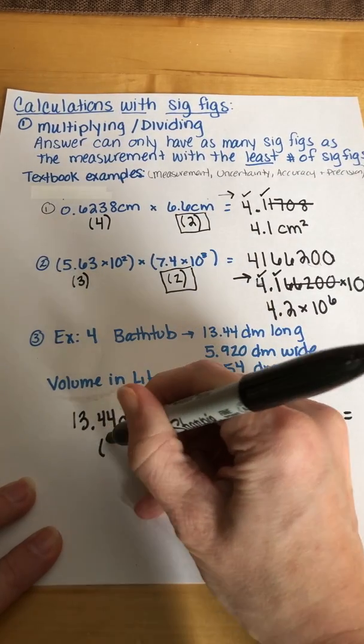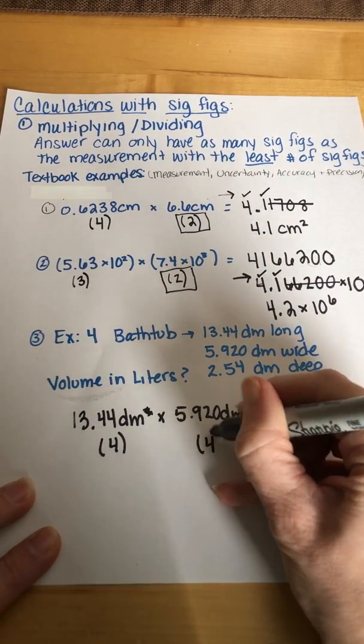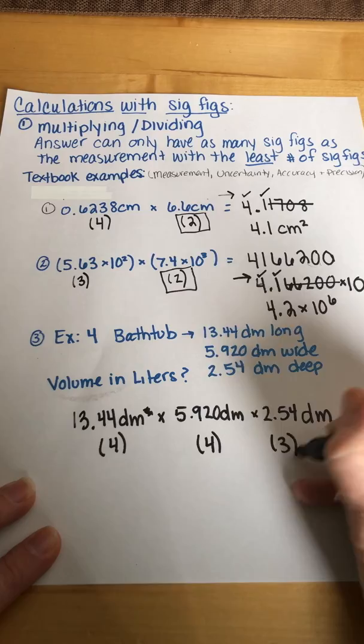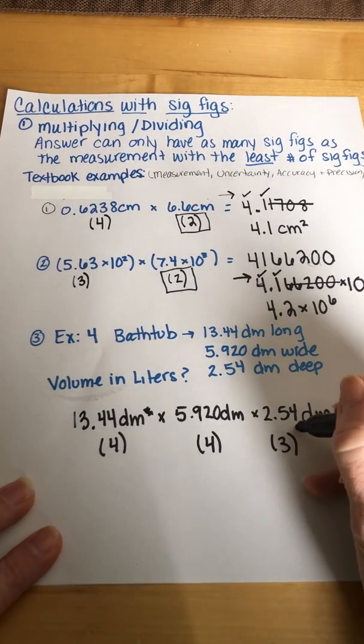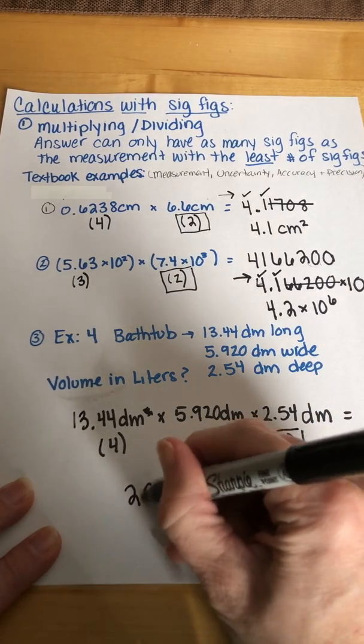Whenever I do that, I'm going to count. I have 4 sig figs, 1, 2, 3, 4 sig figs, and 3 sig figs. So my final answer can only have 3 sig figs. Again, remember, your lowest number of sig figs is the maximum your final answer can have. Whenever you plug that in your calculator, you're going to get a huge number.